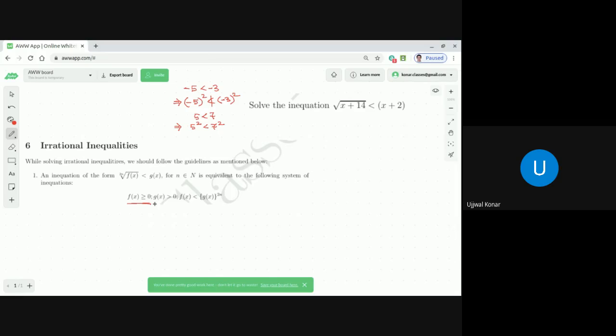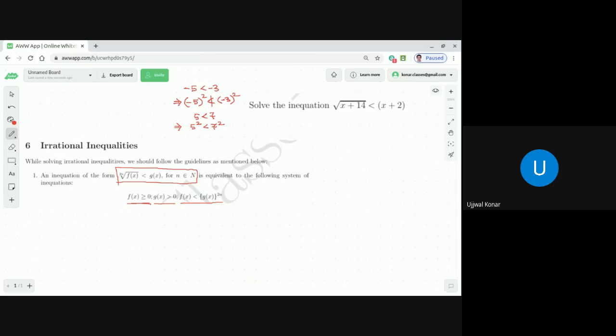Then g(x) is greater than 0, that is the second inequation. And the third one is f(x) is less than g(x) to the power 2n. So the solution to these three inequations combined represents the solution to the given inequation, 2nth root of f(x) is less than g(x). Correct? And it is very generic, 2nth root.